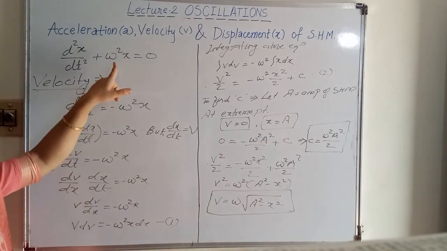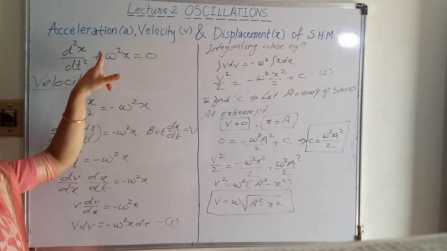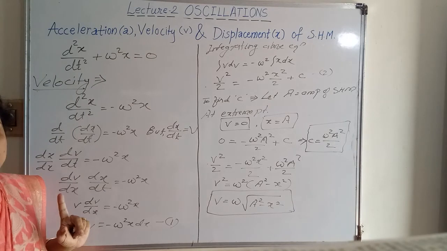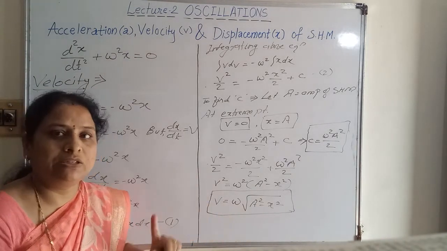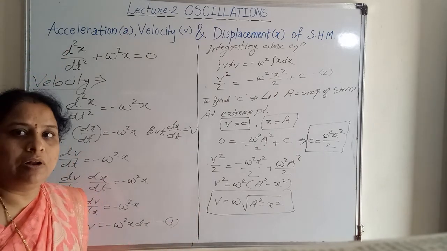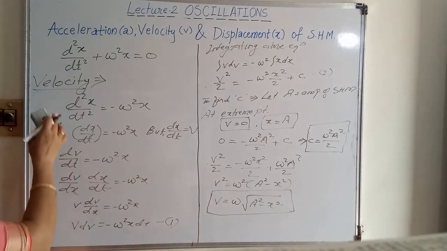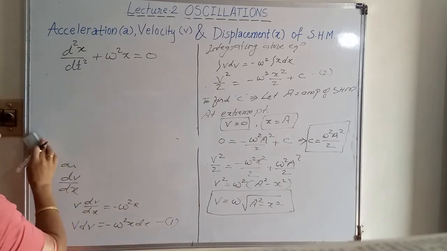So what is the equation for acceleration? From the differential equation of linear SHM, a is equal to minus omega square x. And the equation for velocity, v is equal to omega under root a square minus x square. By using the differential equation, we obtained the expression for velocity. And now we obtain the expression for displacement. How to find the displacement?